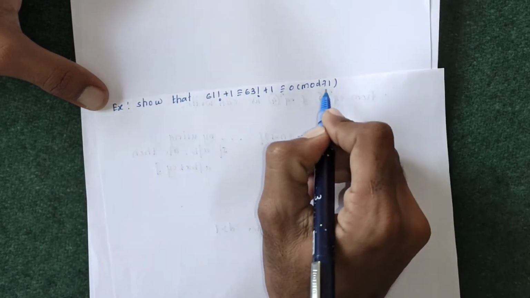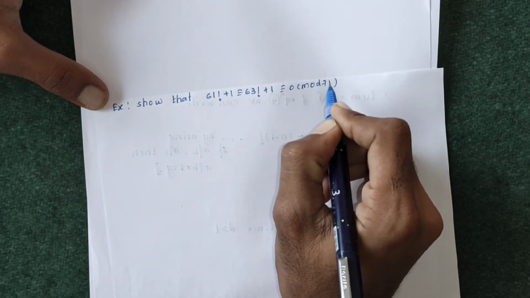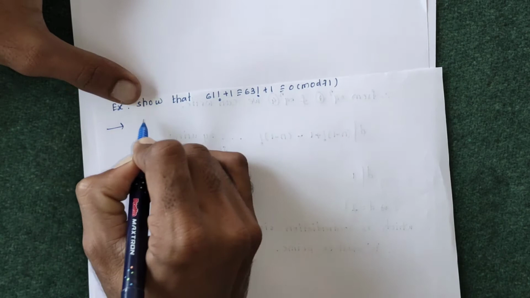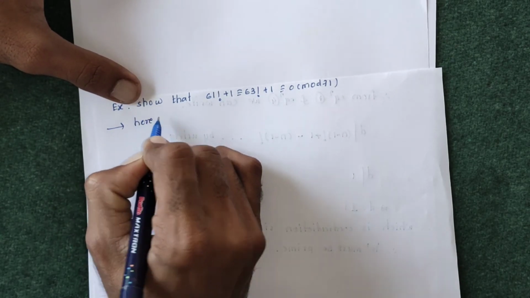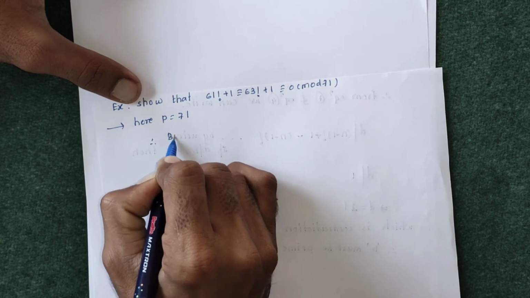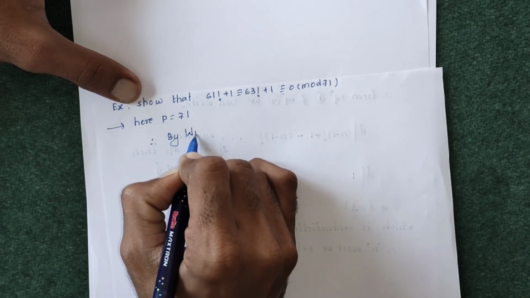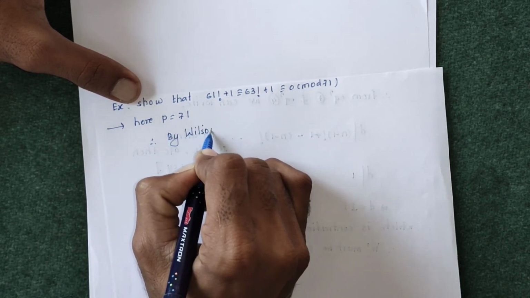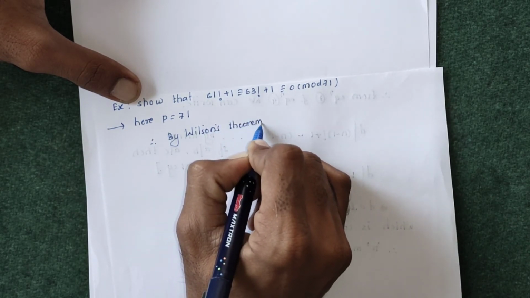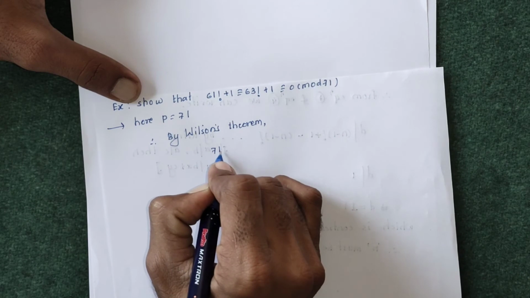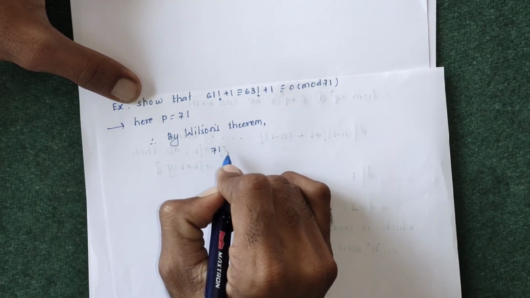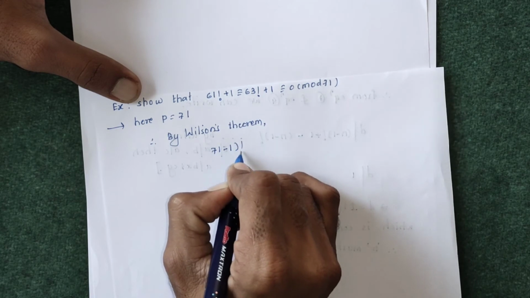Now here 71 is a prime number, so we can apply Wilson's theorem. Here p, prime, is equal to 71. Therefore by Wilson's theorem we can write (71 minus 1) factorial.